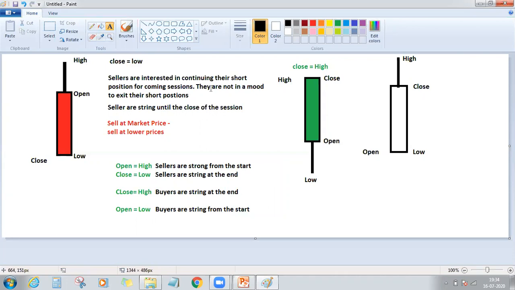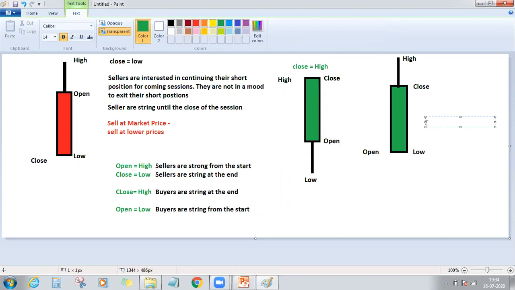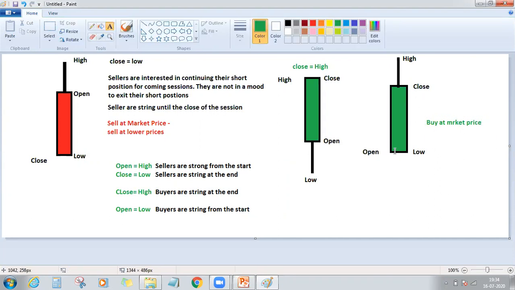So from the opening session itself, buyers thought that prices are now available at cheaper rates, and aggressive buying was seen here. So this can happen only if buy at market price orders are hit. Only in that scenario, starting from the opening session, this strong bullishness can be seen.